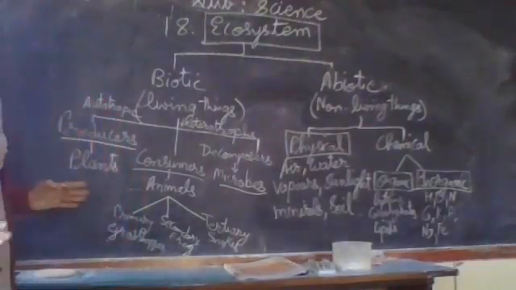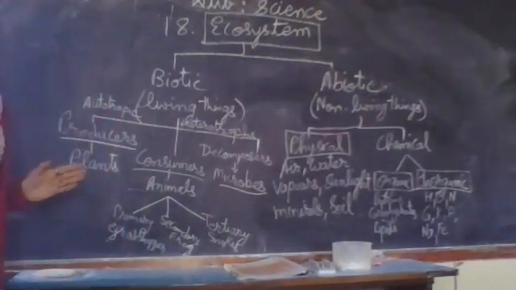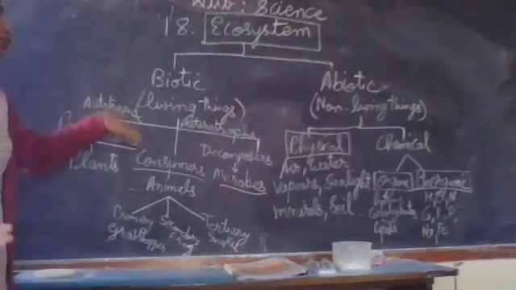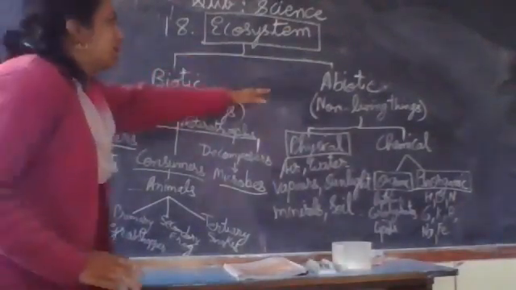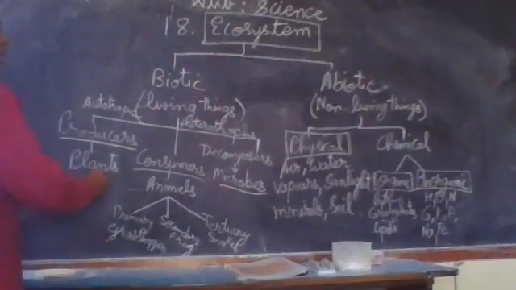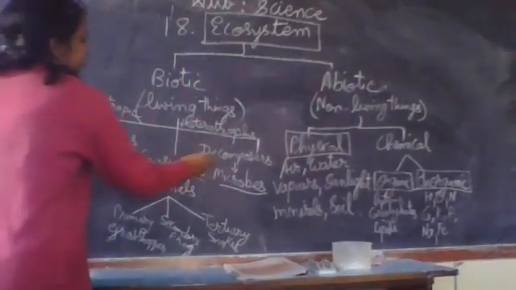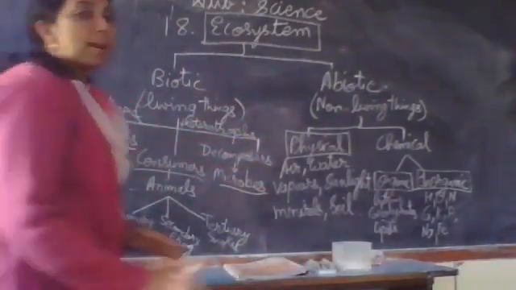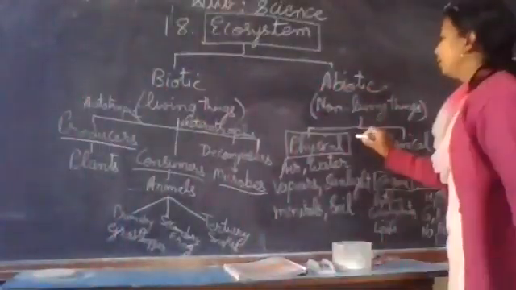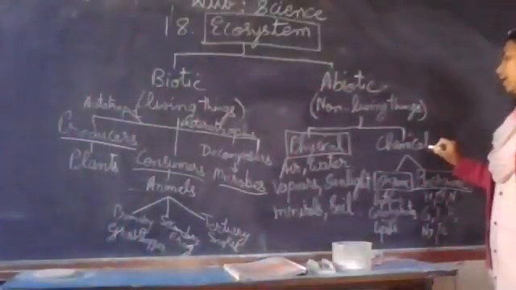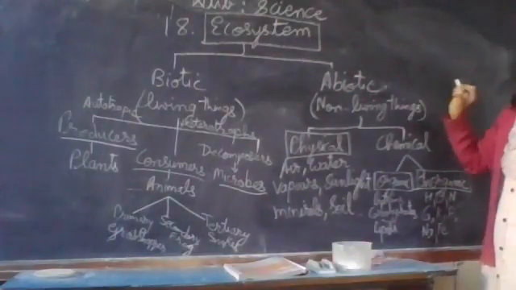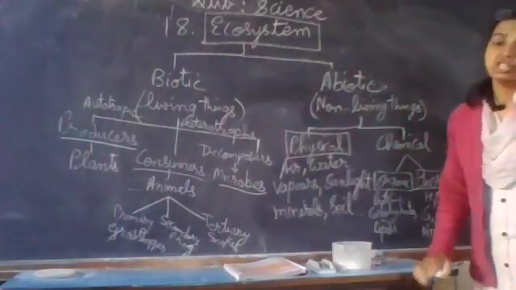So this is a basic concept map of our ecosystem. Biotic, abiotic. Biotic is further classified into producers, consumers, decomposers. Abiotic is further classified into physical characteristics and chemical factors.